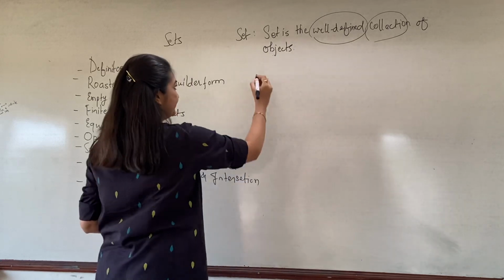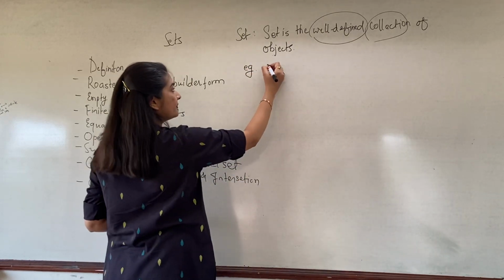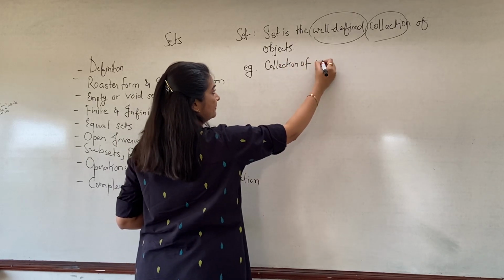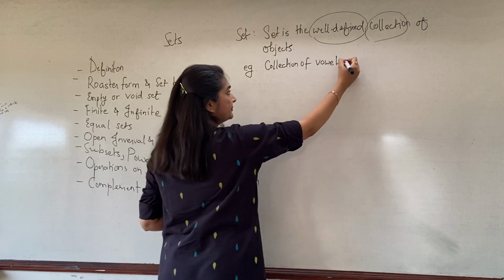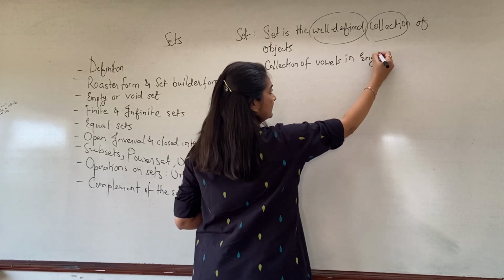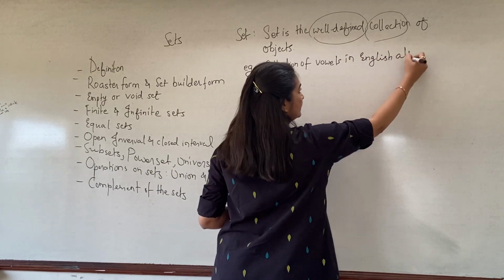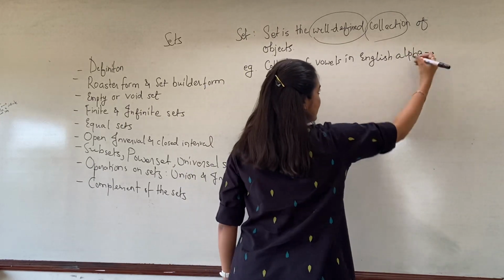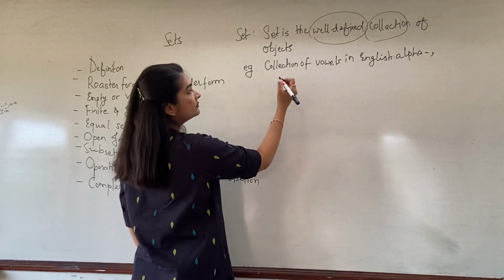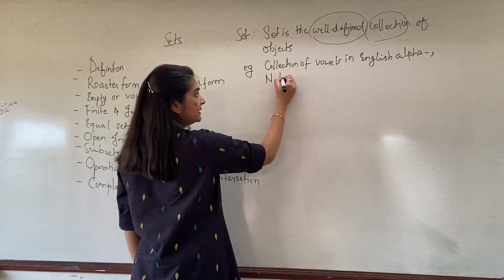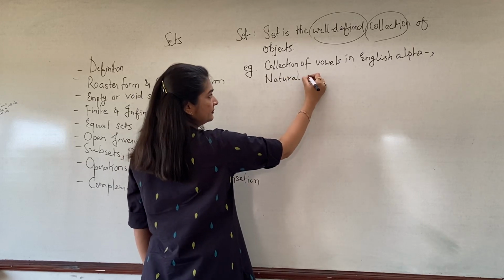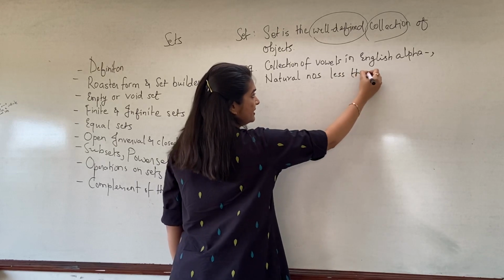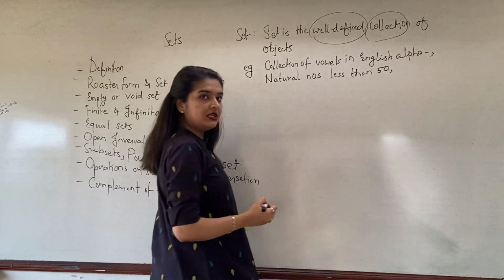For example, collection of vowels in English alphabets. Second example is natural numbers less than 50.